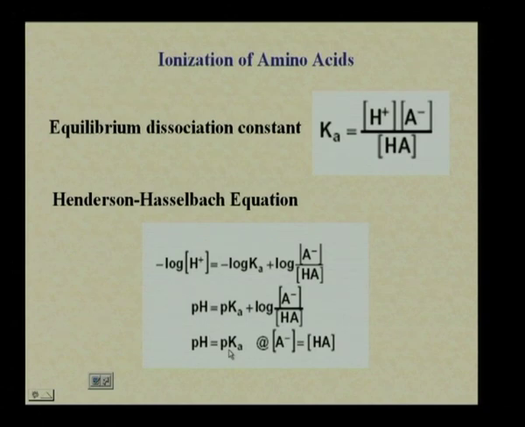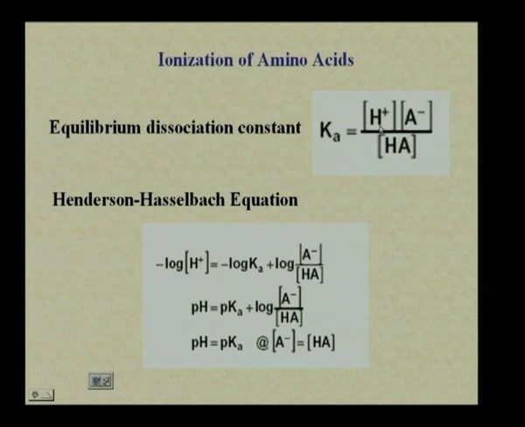We are considering our amino acid as 1HA form, right, and we consider the dissociation from HA to H plus and A minus. And what am I getting from there? I am getting a pH equal to pKa when my A minus is equal to the HA, fine.